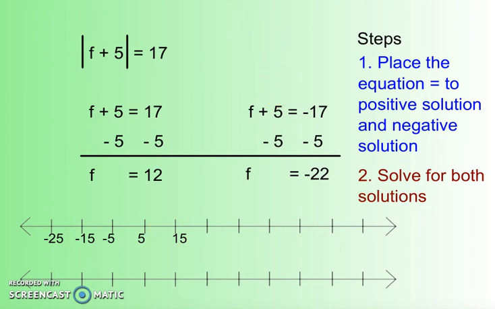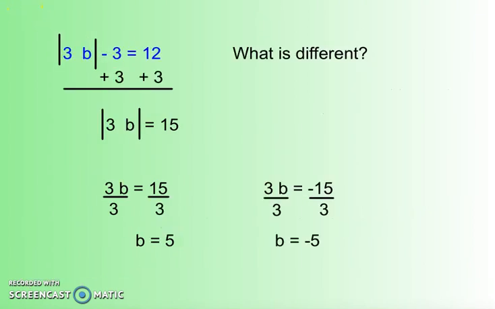These are the answers for this absolute value. So positive 12, which would be, here's 15, 13, 14, 12, about right there. And then negative 22 would be about right there. Okay, those would be the 2 answers, or 2 solutions, for that absolute value.